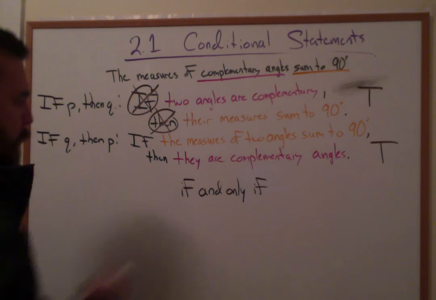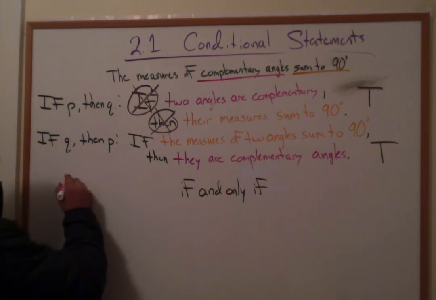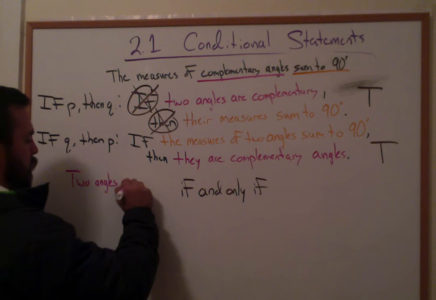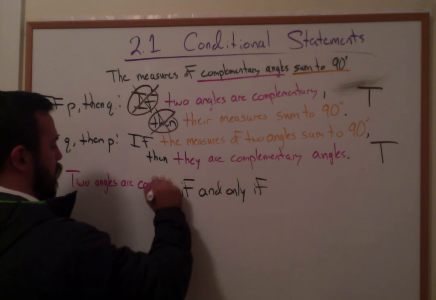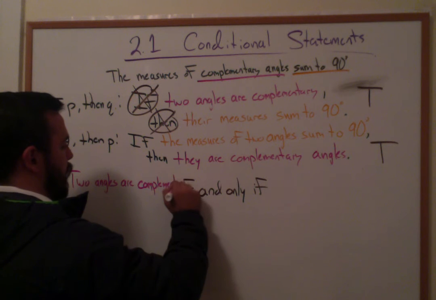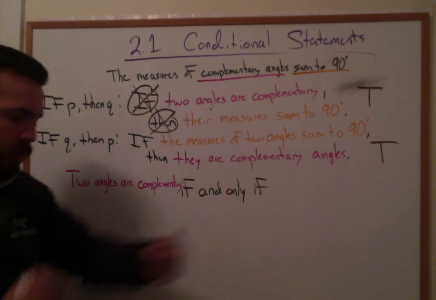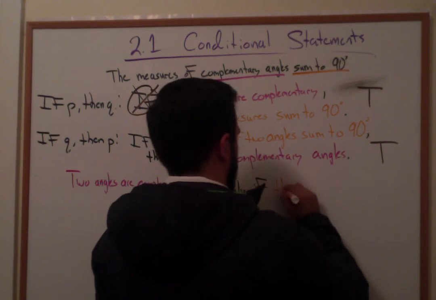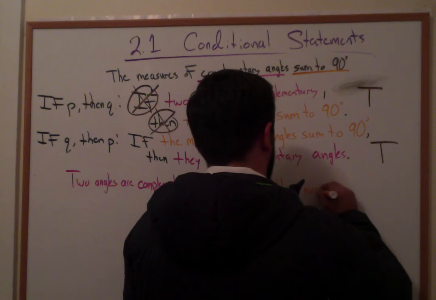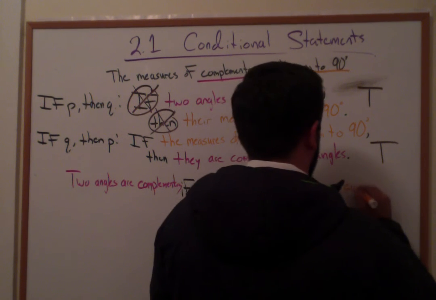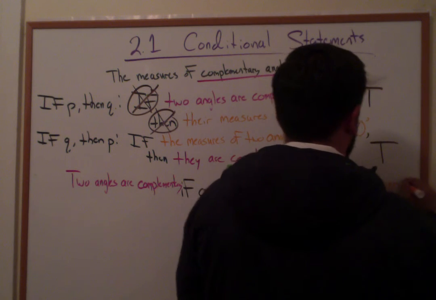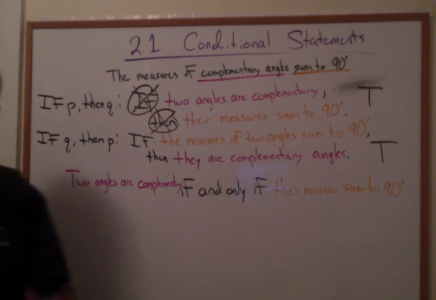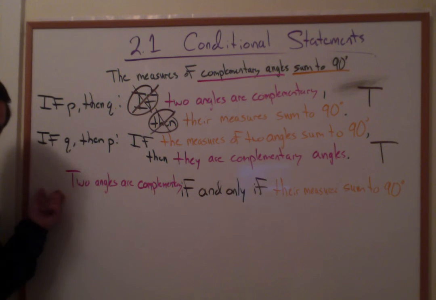Two angles are complementary if and only if their measures sum to 90 degrees. Notice the lack of the word if in front.